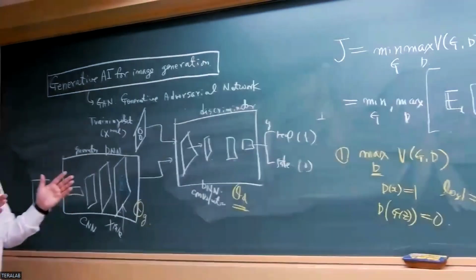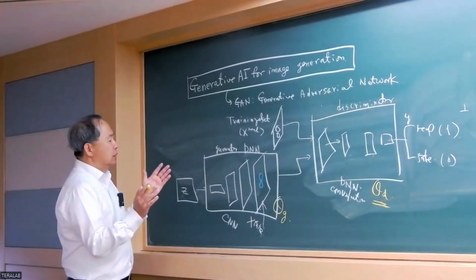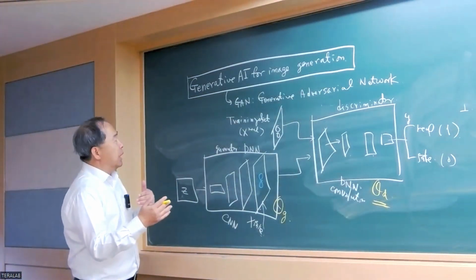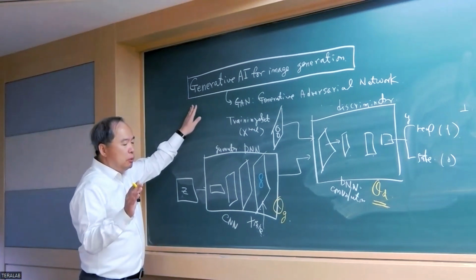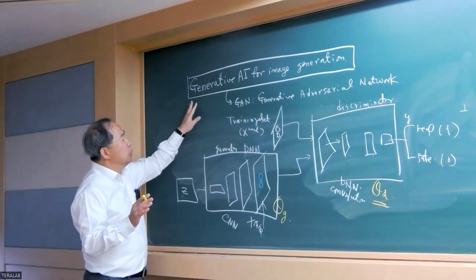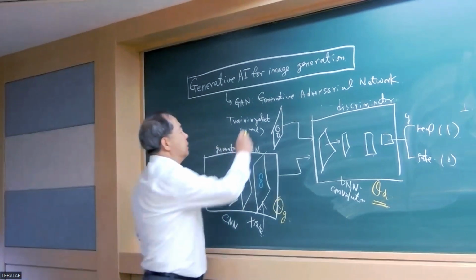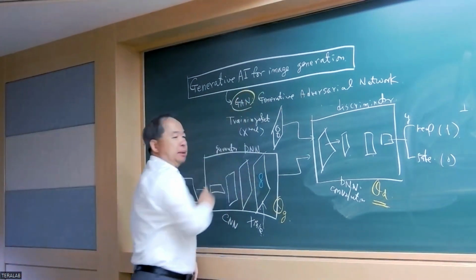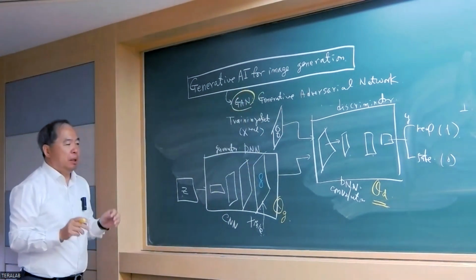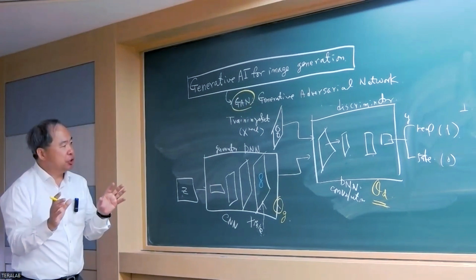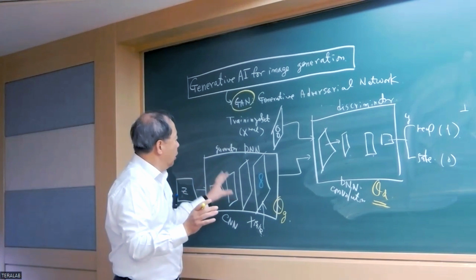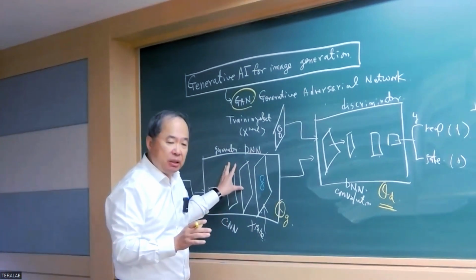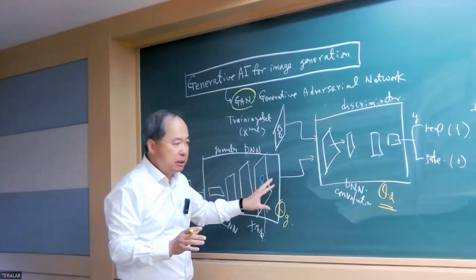So once again, from now on for a couple of weeks, I would like to introduce you to a few generative AI models. And today, specifically, I'm going to talk about GAN. A very interesting architecture of GAN is that they have two different deep neural networks. One is for generating the images from latent space.